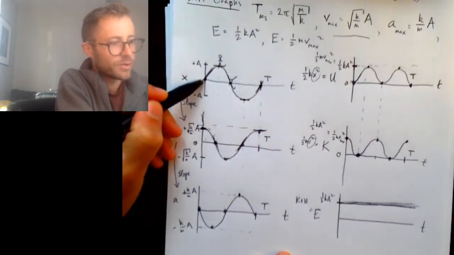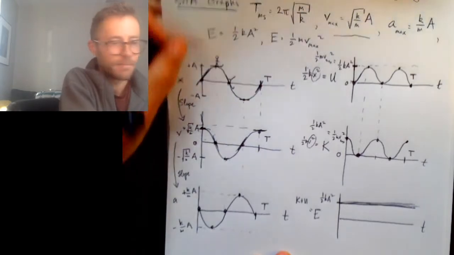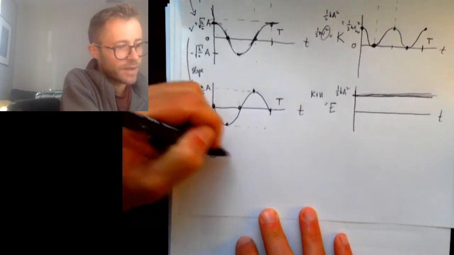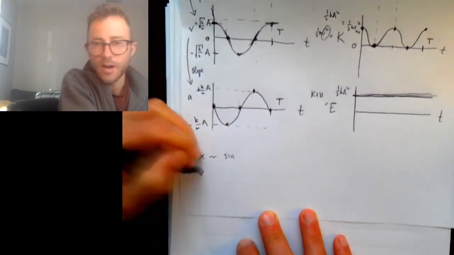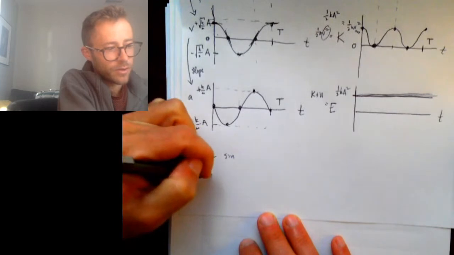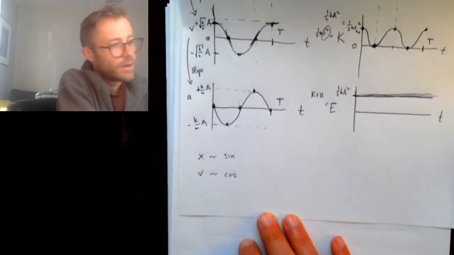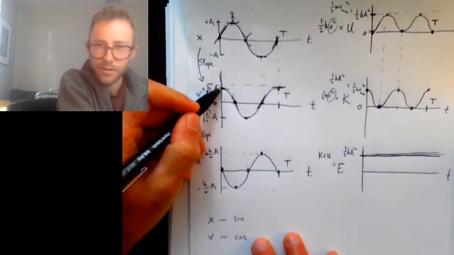Because it starts at 0 and then it rises to a peak. So if x is going like sine, then to get the velocity, we have to take the derivative, and the derivative of sine is cosine. Okay? And we can see that this graph looks like a cosine graph.